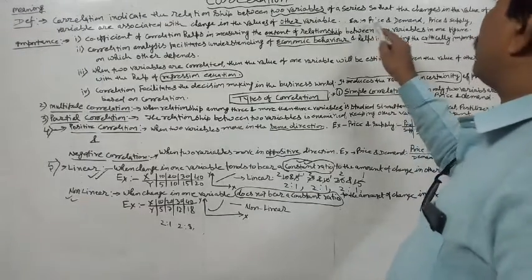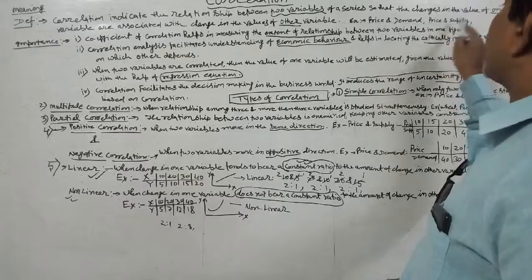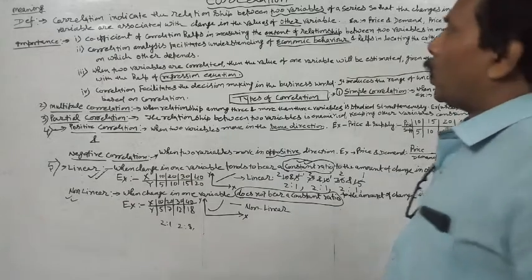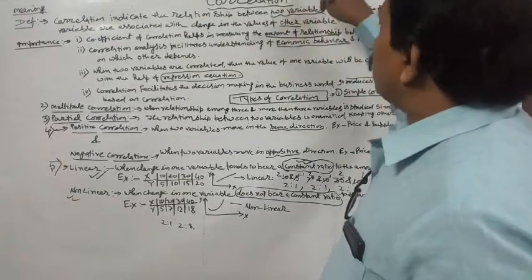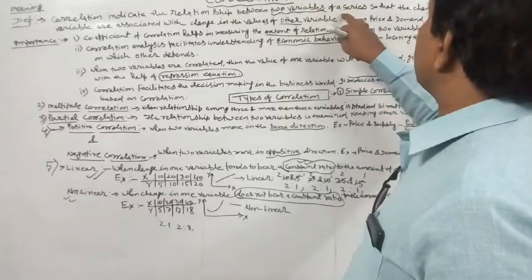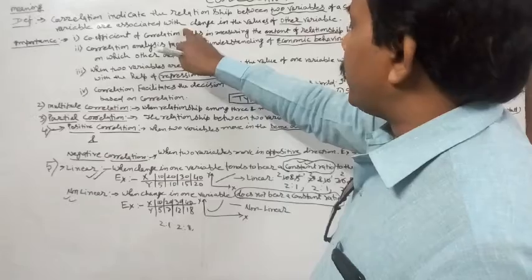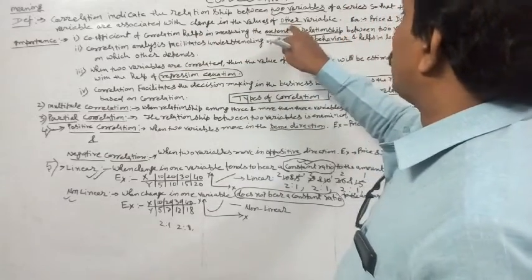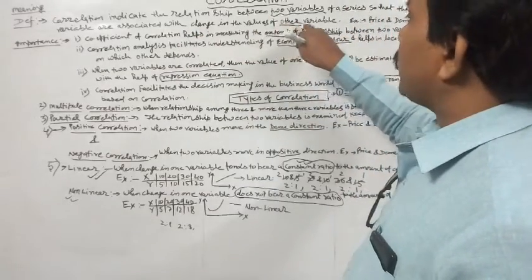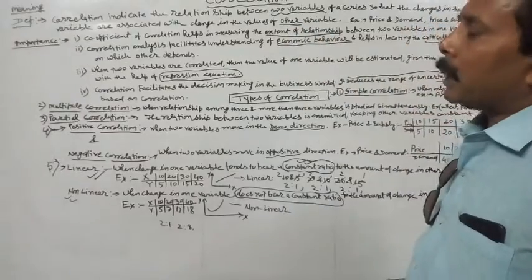For example, price and demand, price and supply and so on. If the changes take place in one variable, the other variable will also change, and that's why "other" is underlined.